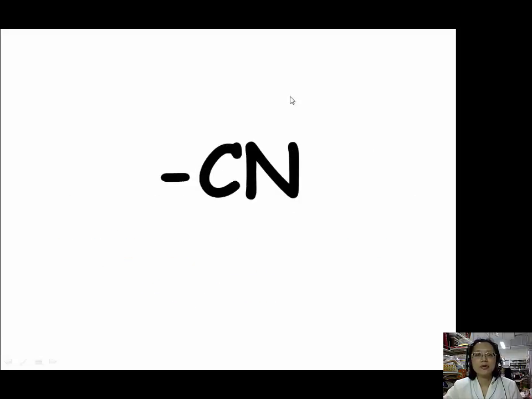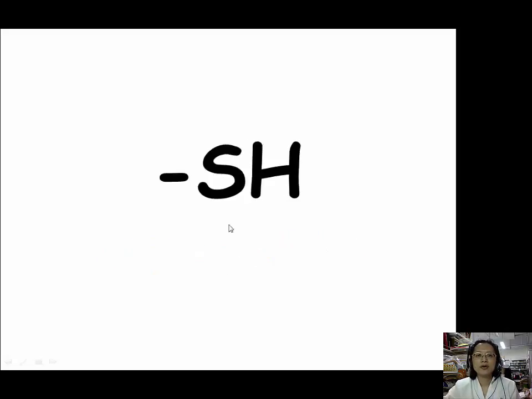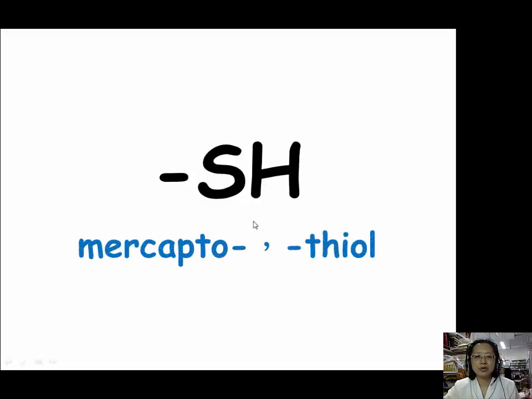For the CN triple bond functional group, we have cyano and nitrile. For the functional group SH, sulfur and hydrogen, we have the prefix mercapto and thiol.